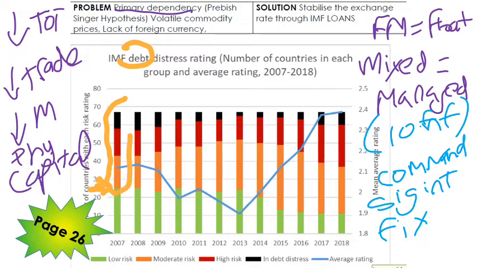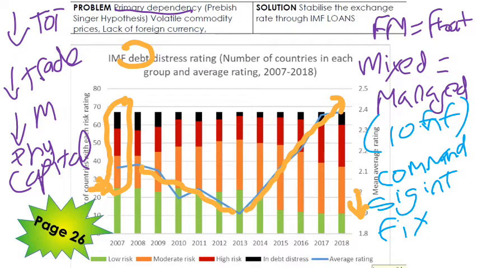So there were already problems in the system of countries having debt, and immediately after the recession, this is when there were fiscal austerity policies and the IMF trying to encourage countries to reduce their debt. So this kind of shows the average rating of debt getting better, but since about 2013 a significant amount of countries have started taking on more debt, and the amount of low risk countries has reduced.